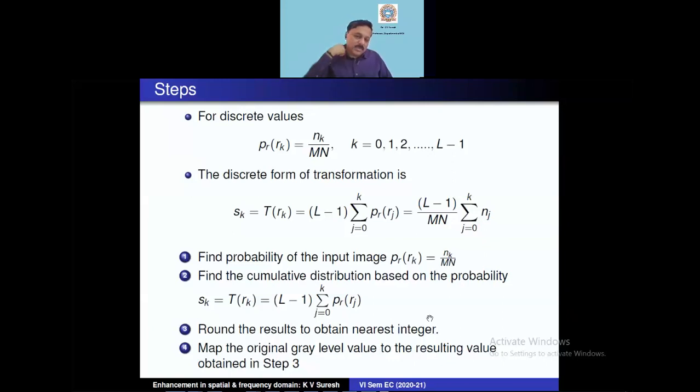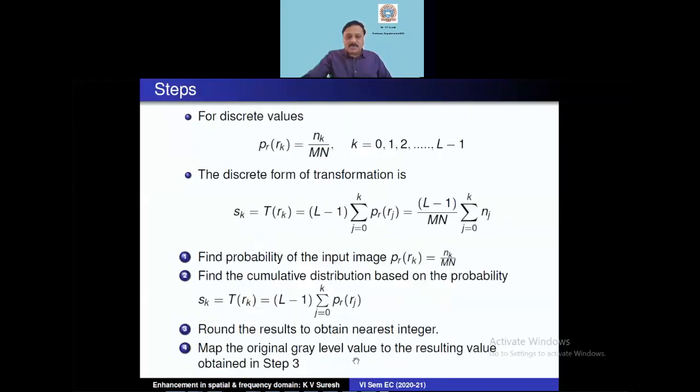You can use either the floor operator or the round operator. It is okay, in a gray level, 200 and 201, both of them are the same. So whether I take the lower value or the higher value, I don't have any problem. But let us use some common steps to follow this. Now map the original gray level value to the resulting value obtained in step 3.